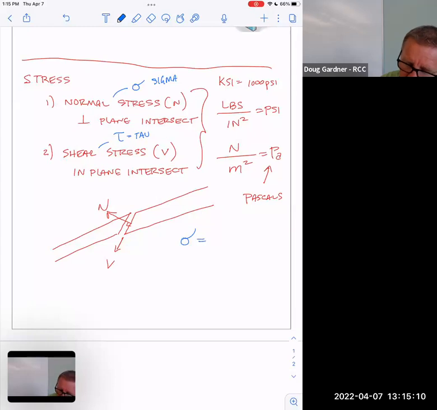So notice the units tell you this, but it's pounds divided by square inches. So naturally this would be something like that. N for normal, the normal force. In this case, it's kind of weird because it's like N for newtons.